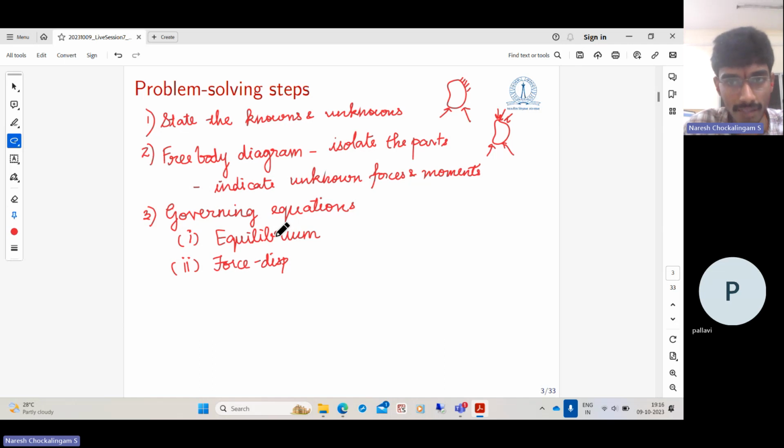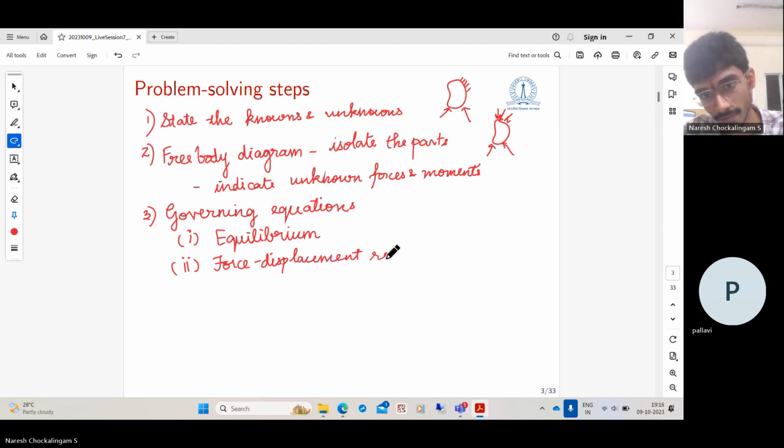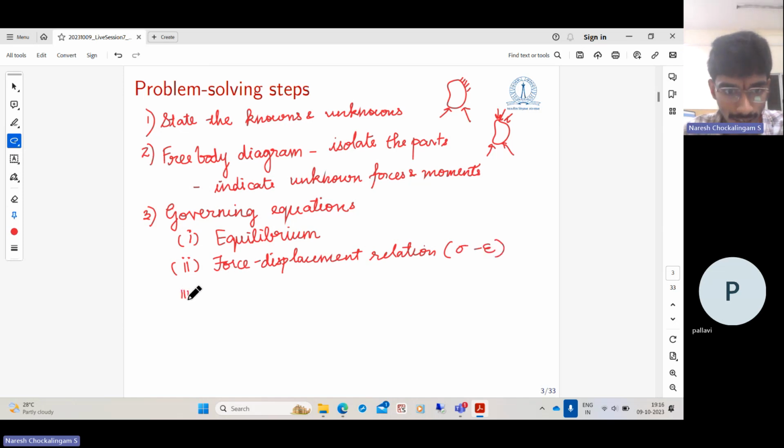And if you're dealing with three-dimensional continuous bodies, we need to get to the stress-strain relations. So some kind of relation that relates the displacement quantities to the force quantities, or the stresses to the strains. So the next thing is to enforce the force-displacement relations or the stress-strain relations, depending on what problem we solve.